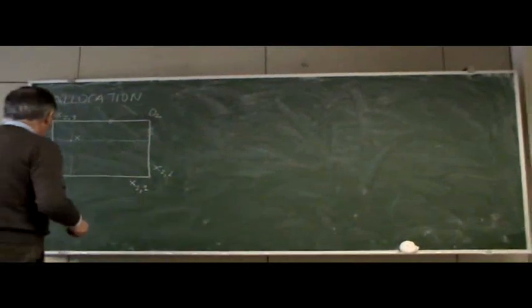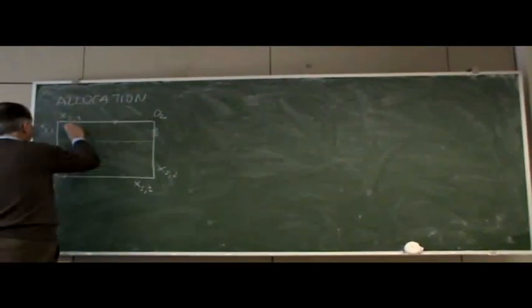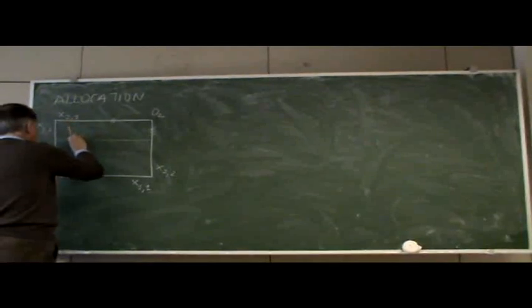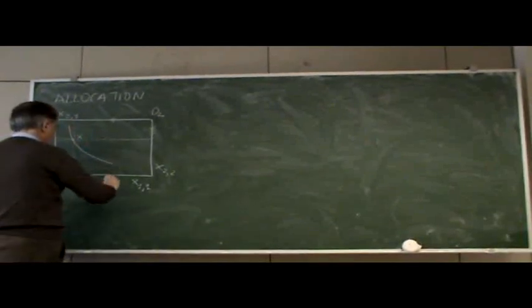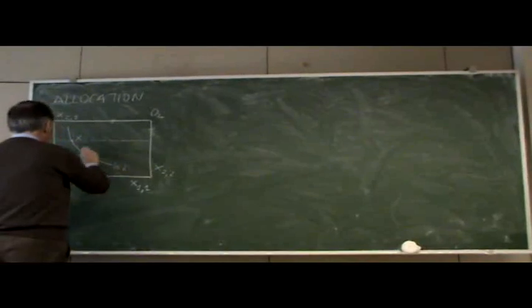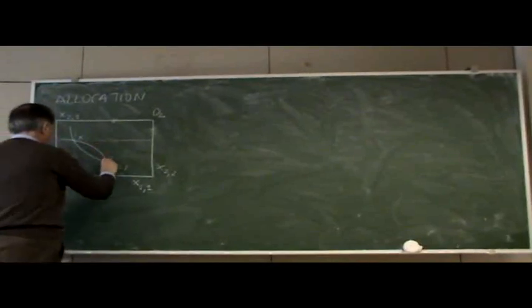Now, as usual, let us construct the indifference curves which pass by X. This is for the subject 1, this is for the subject 2.